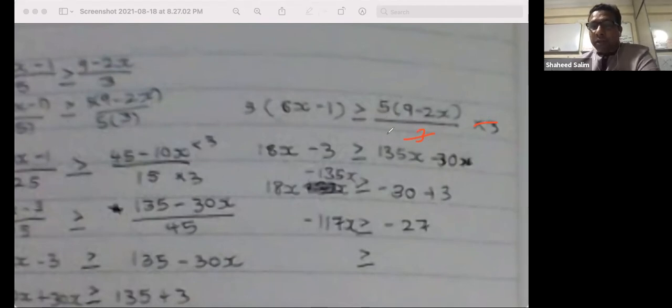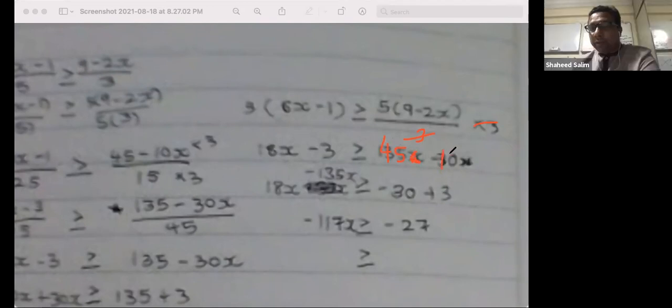So 6 times 3, 9 times 3, 45, but there's no x, you see. 45 without an x. Are you okay? Then 5 times 2, 10x over here. And there's a minus, right? So now we can bring the x over. 10x you bring over becomes plus 10x, right?